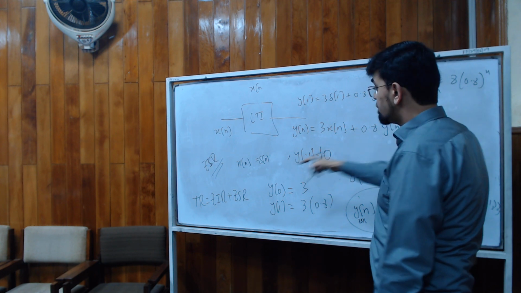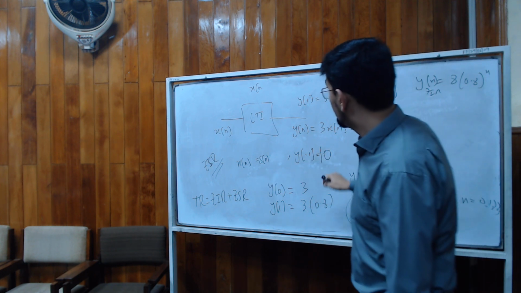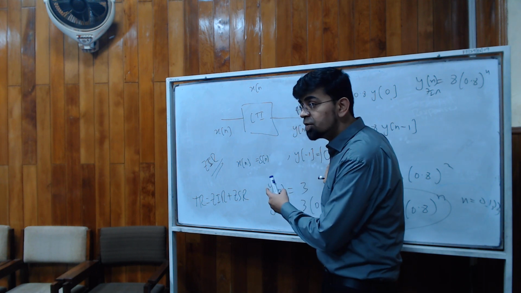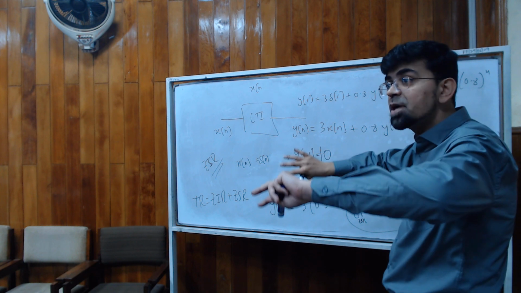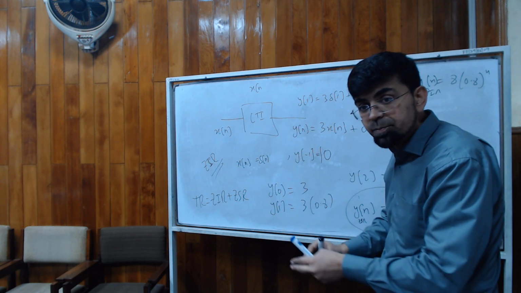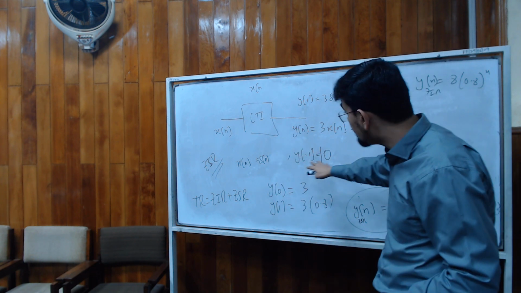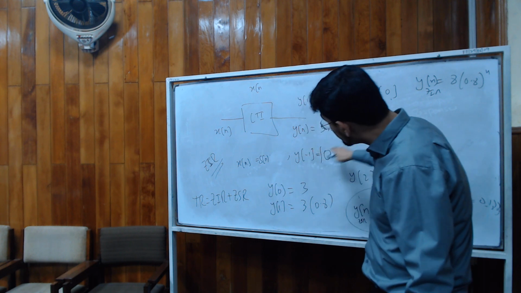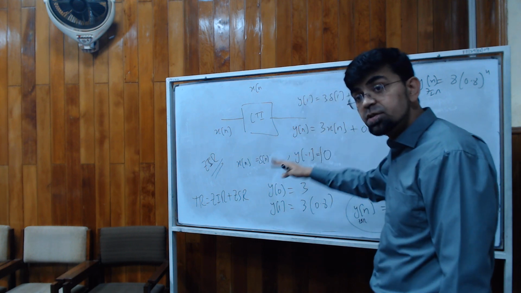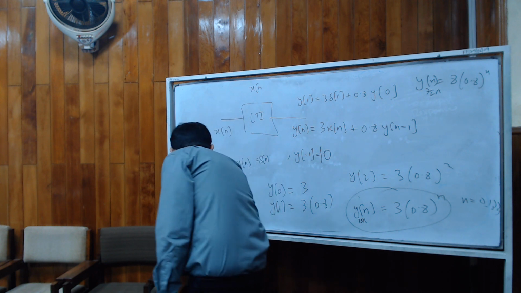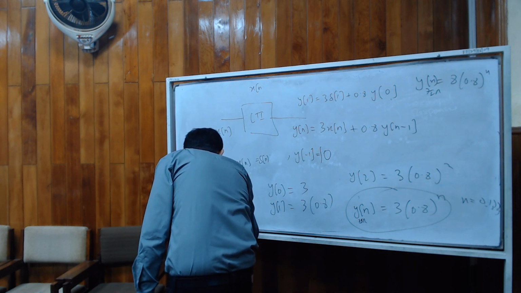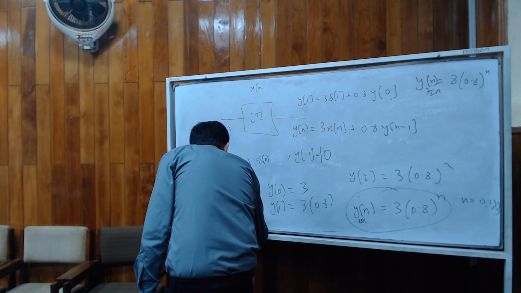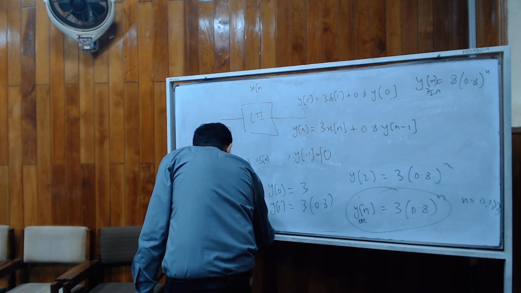So the total response will be the addition of the two. If the initial condition is not zero and you give an input, then whatever you got by studying them separately, just sum them. You can prove it too. If you do not want to sum, start from here and you will get the same answer: 3 times 0.8 to the power n plus 8 times 0.8 to the power n.